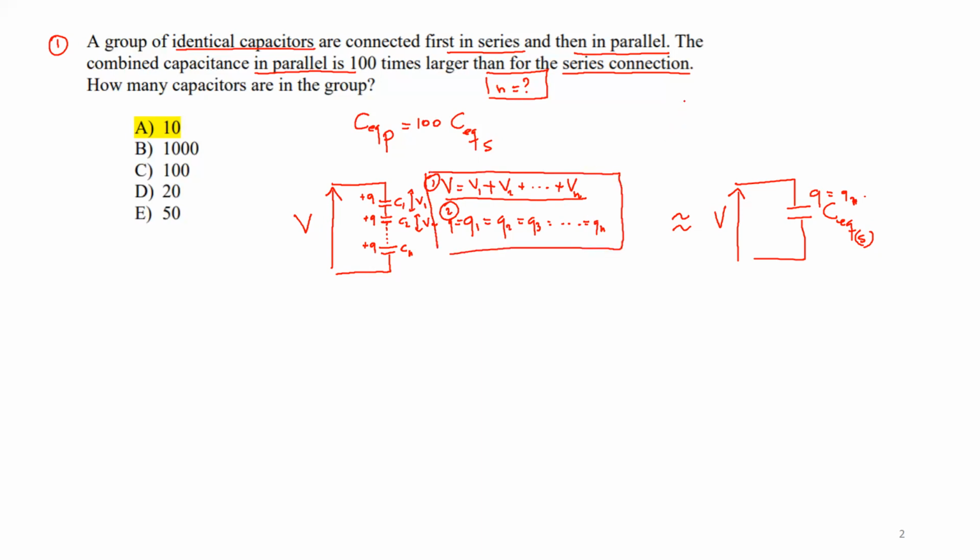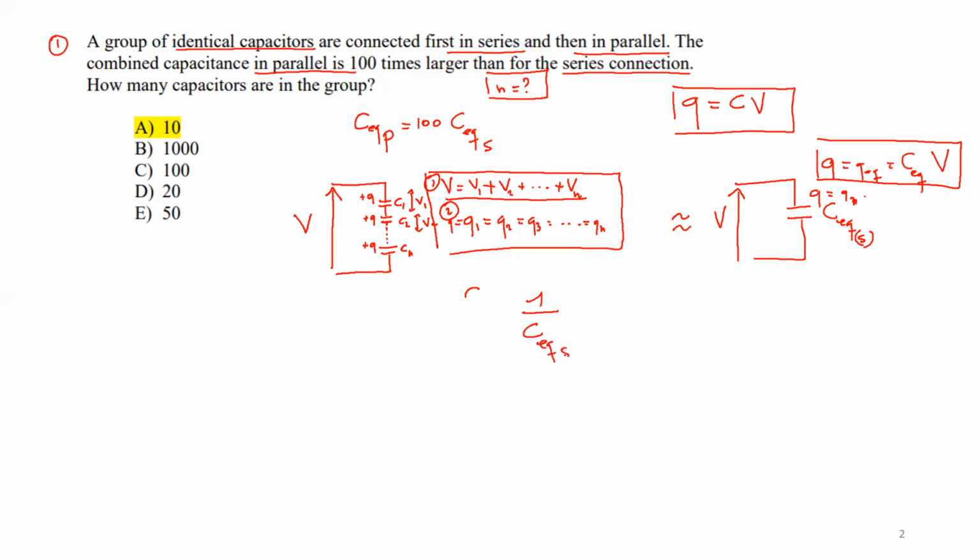Based on these two equations, and knowing that for any capacitor the charge is Q equals CV, the charge Q is proportional to the voltage across the capacitor. So my Q equivalent is just C equivalent multiplied by the voltage V. Using this equation and the two equations above, we demonstrated that 1 over C equivalent in series is equal to 1 over C1 plus 1 over C2 plus 1 over Cn.